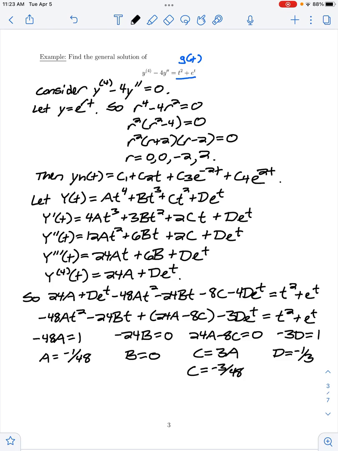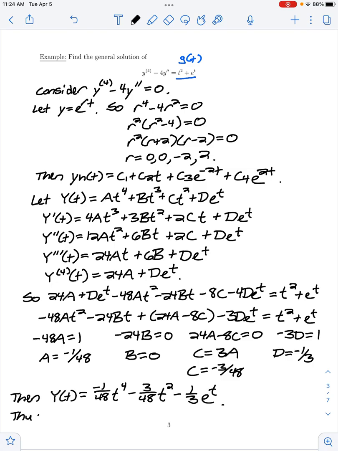So let's see what we have for our particular solution, y of t. We have a, which is negative 1 over 48, t to the fourth power, plus 0, t cubed, plus c, which is negative 3 over 48, t squared, plus d, which was a negative 1/3 e to the t.